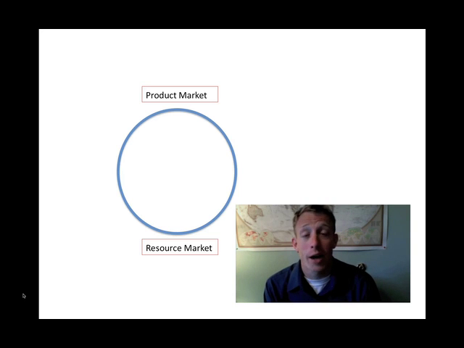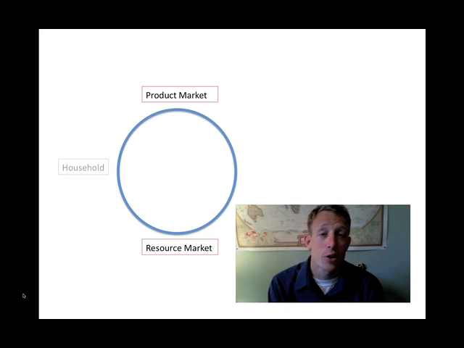We have one actor called the buyer or the demander, and the other actor called the seller or the supplier. The actors themselves are one of two groups of people typically. Either a household, which is just most normal people that are involved with a household, or a firm, a business.